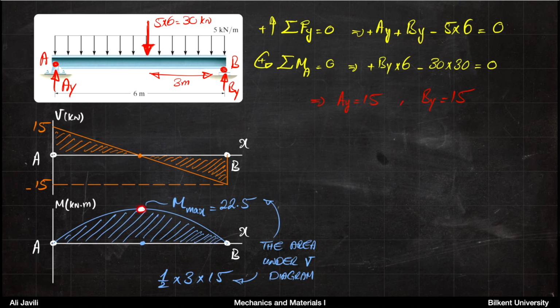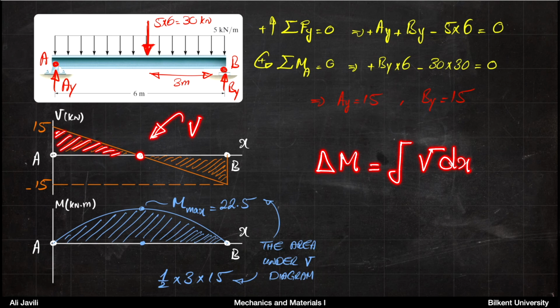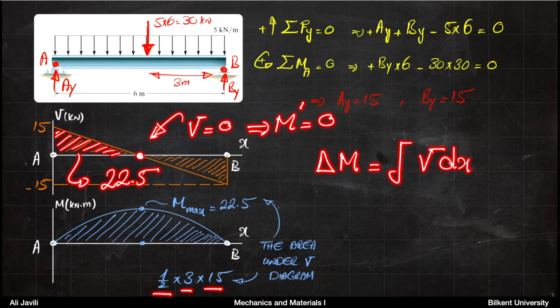But also you know that the maximum moment would be 22.5, because delta M would be the integral of V dx, and then if you integrate from point A to the center where M is maximum, again M is maximum because we know V is 0, which is M prime. So if you calculate the area of the triangle, you would get 22.5. It's 1/2 of 3 times 15.